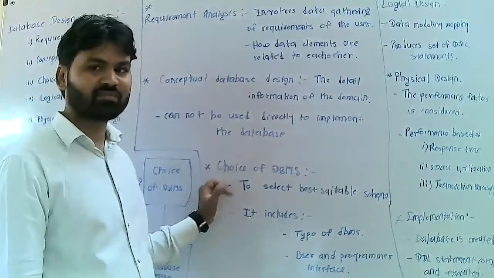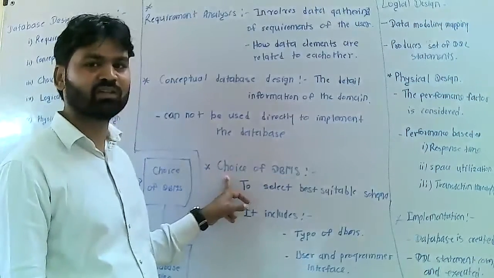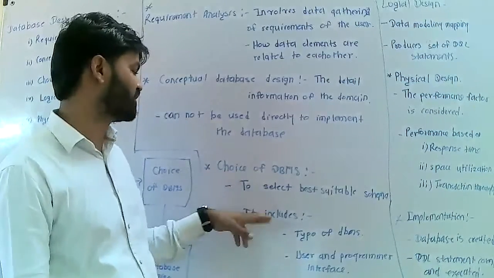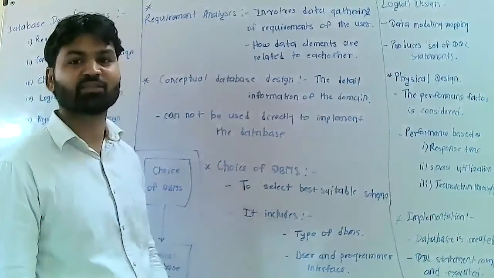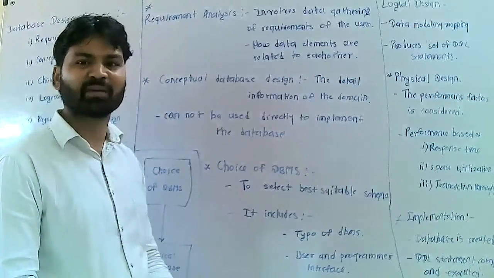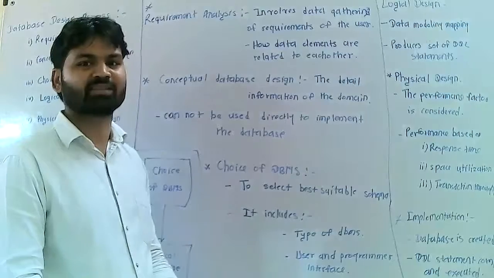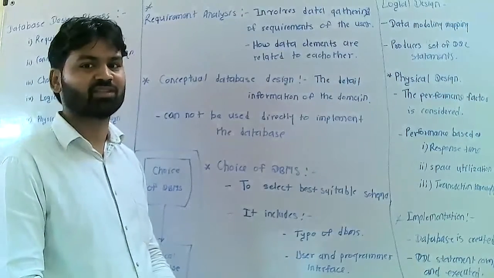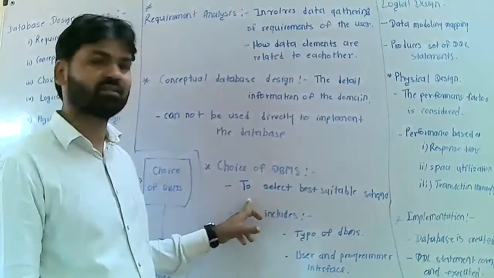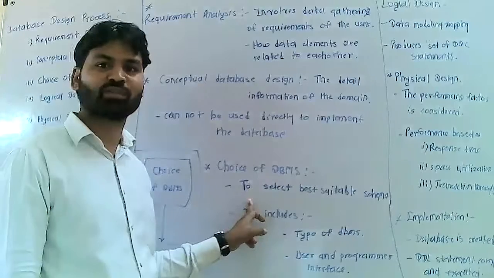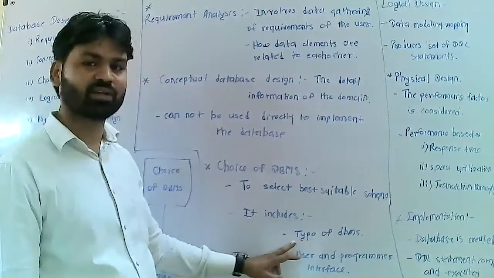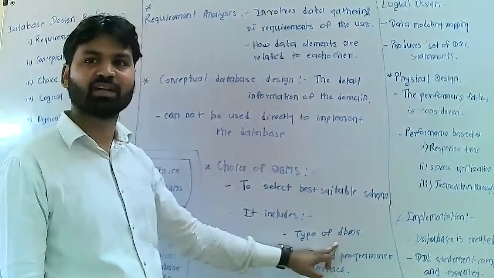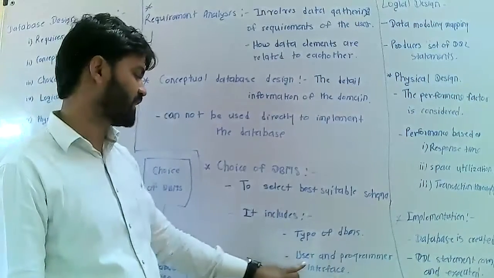Then next one is the third stage, your choice of DBMS. In this you have to select the best suitable schema, framework or database for your application or for your database objects. It includes first the type of your database.